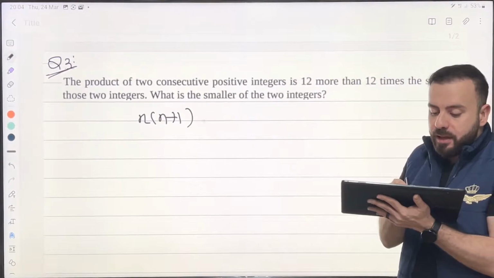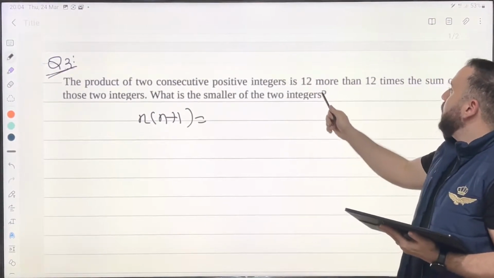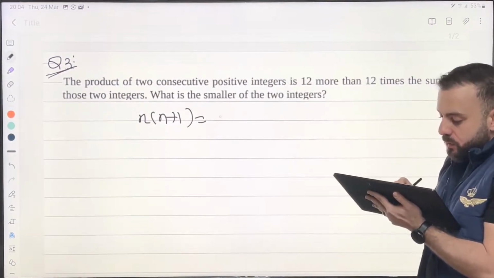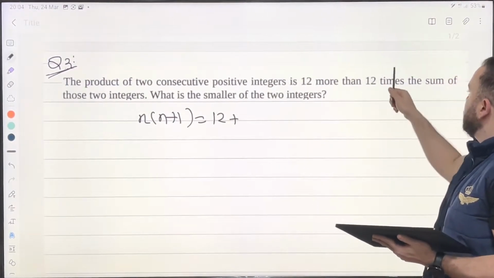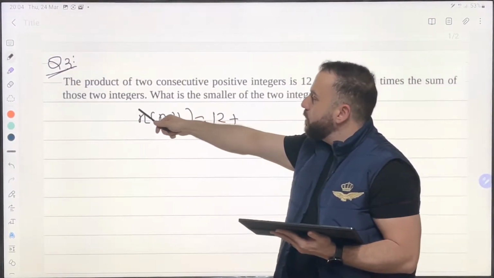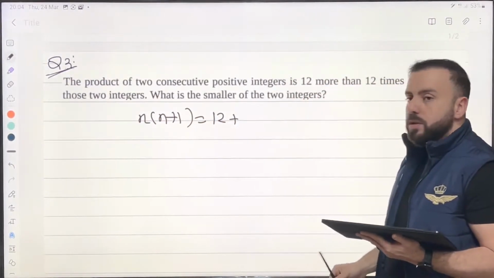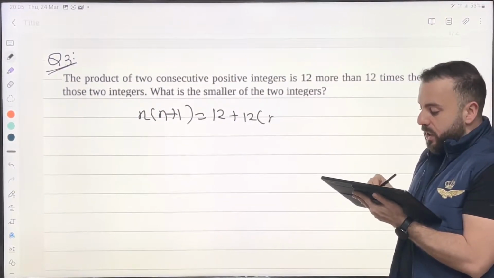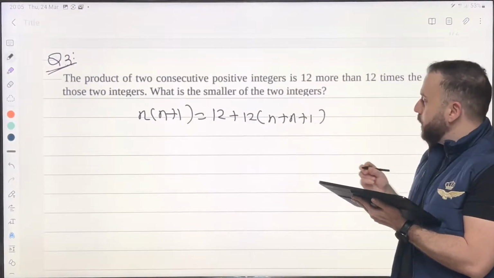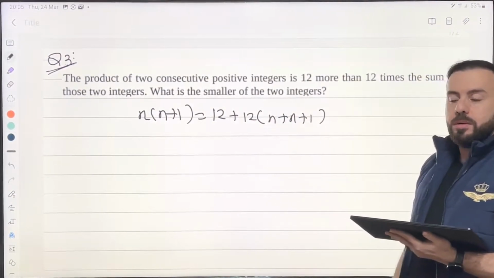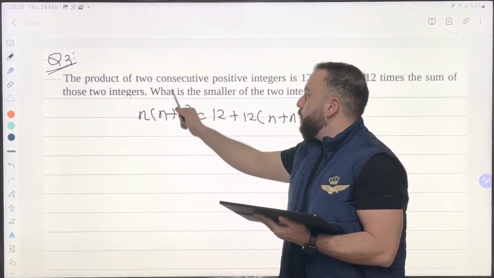Equals. That's equal to, okay, 12 more than 12 times. 12 more means 12 plus 12 times the sum of these two integers, which means 12 times the sum, which means n plus 1, integer 1 and integer 2. That's the equation.